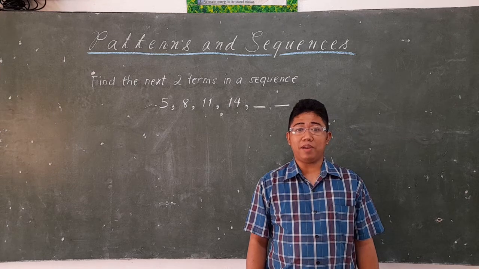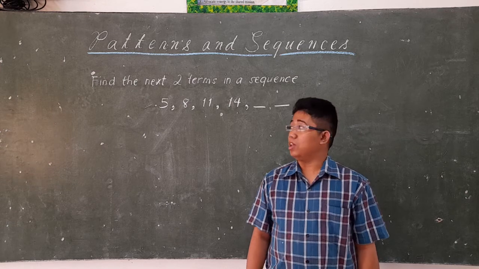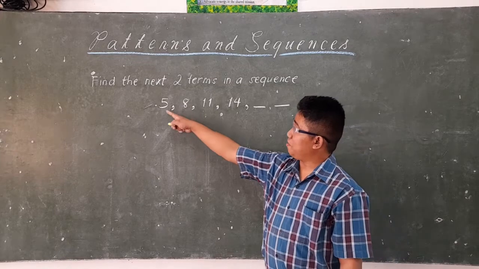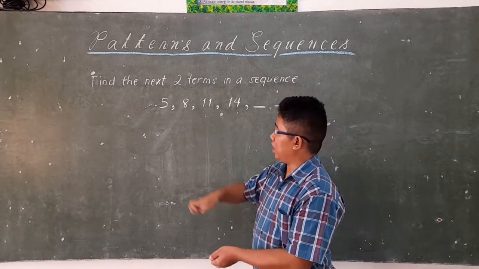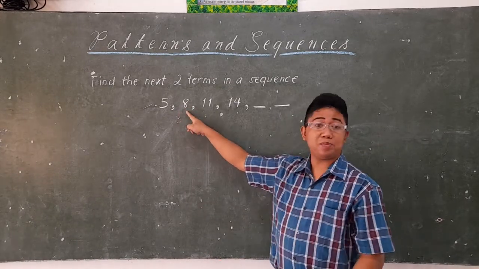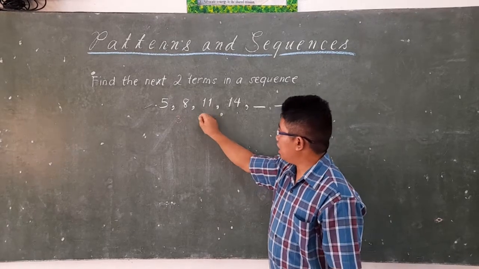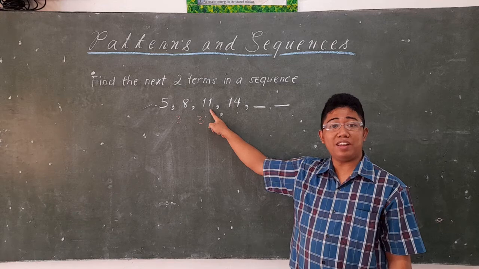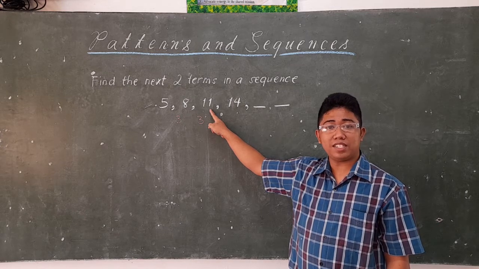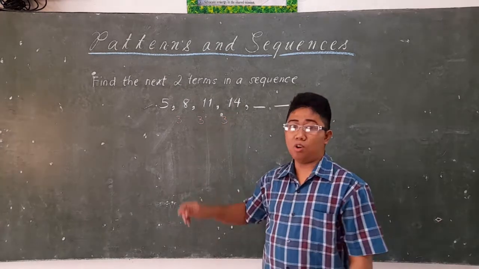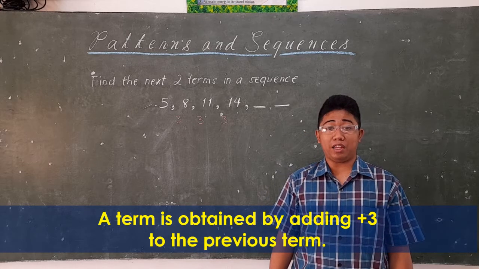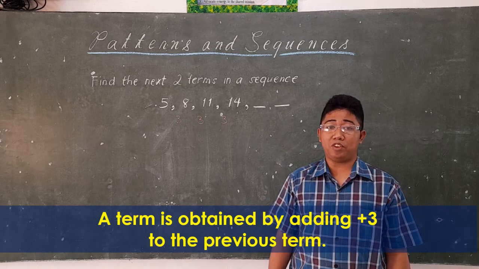A term is obtained by adding 3 to the previous term because the common difference of 5 and 8 is 3. What is the difference between 8 and 11? It's also 3. What is the difference between 11 and 14? Yes, it's also 3.